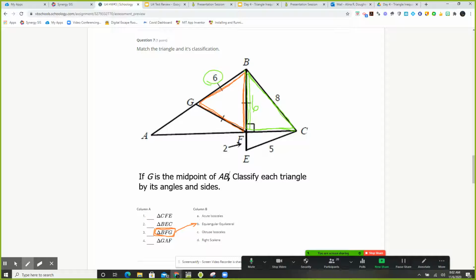Maybe this is a crazy question. I feel like CFB, CF, is that even a choice? CFB isn't even a choice. What about this guy down here? CFE.